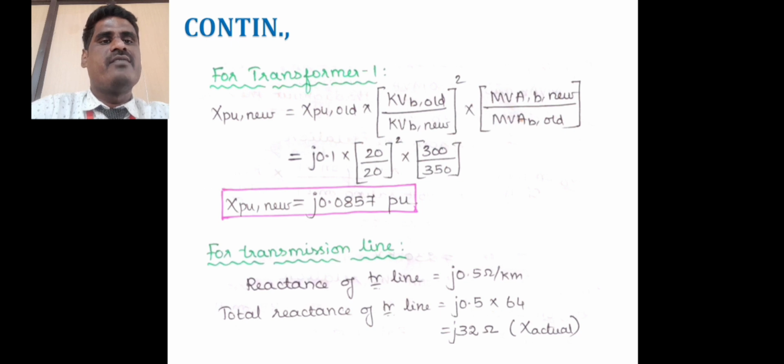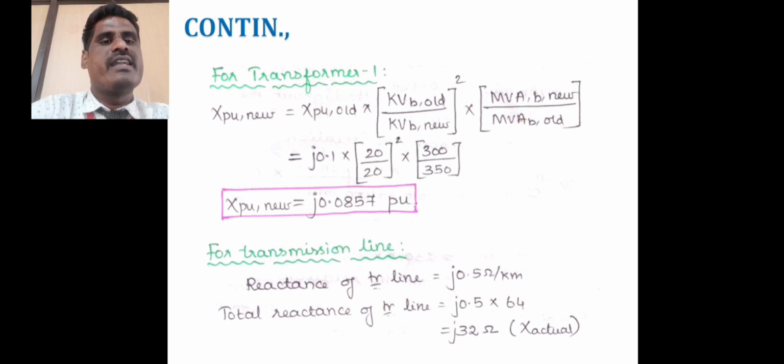Next we can calculate for the transformer 1 side. So, the same formula: XPU new equal to XPU old into kVb old divided by kVb new whole square into MVAb new divided by MVAb old. So, the transformer 1 reactance value is j0.1, kVb old value is 20 and kVb new value is also 20, into MVAb new divided by MVAb old, 300 divided by 350, that means new value divided by old value for MVA, and kVb old divided by kVb new, 20 divided by 20 whole square.